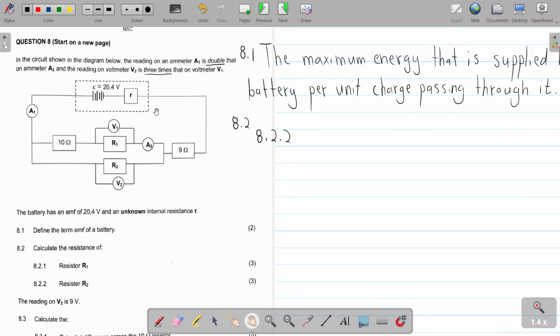So what then happens here? The current will move from a positive terminal, isn't it? The current moves from the positive terminal, goes out of the circuit. It passes through A1, and then the current becomes separate.